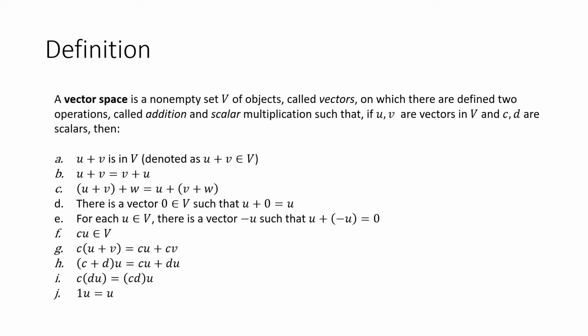So the first idea is a vector space. So we've seen the idea of vectors and vector spaces. We've seen the idea that a vector is kind of like this standing matrix, an n by 1 matrix, a matrix with a single column.